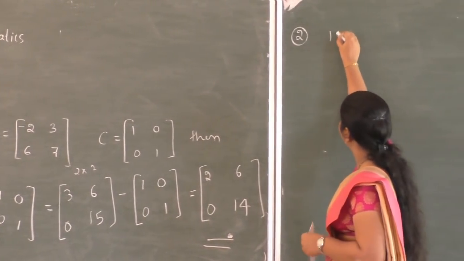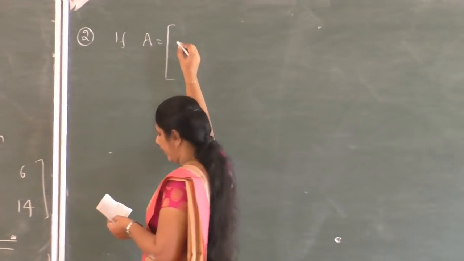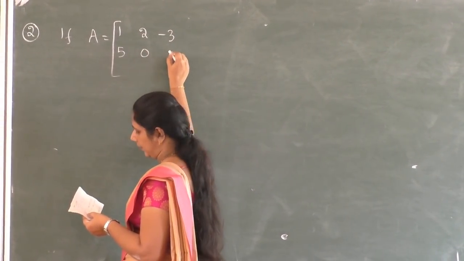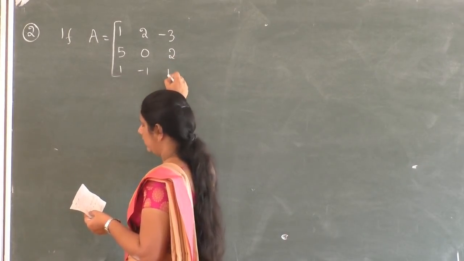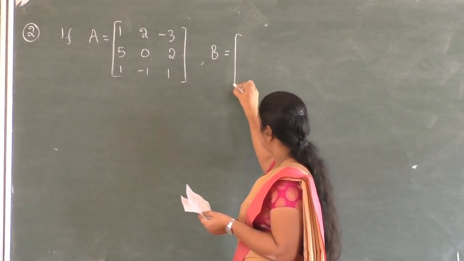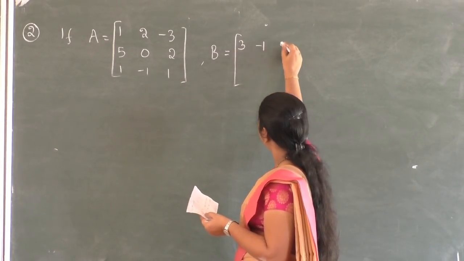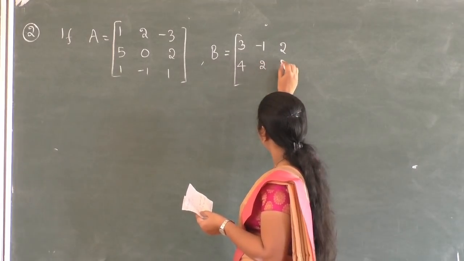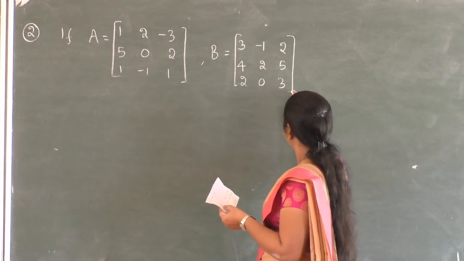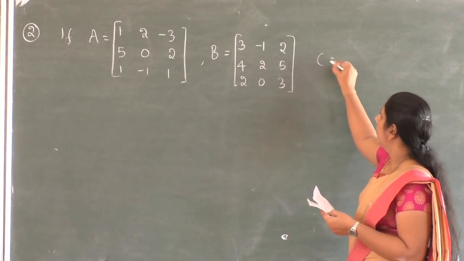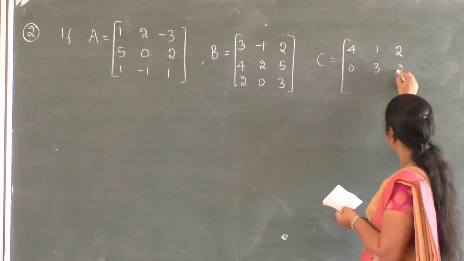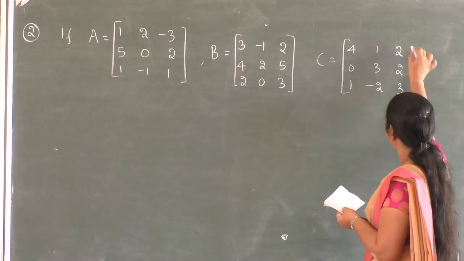Now second question. If A is equal to 1, 2, minus 3, first row; second row 5, 0, 2; third one 1, minus 1, 1, and matrix B, 3, minus 1, 2, 4, 2, 5, 2, 0, 3, and matrix C, 4, 1, 2, 0, 3, 2, 1, minus 2, 3.